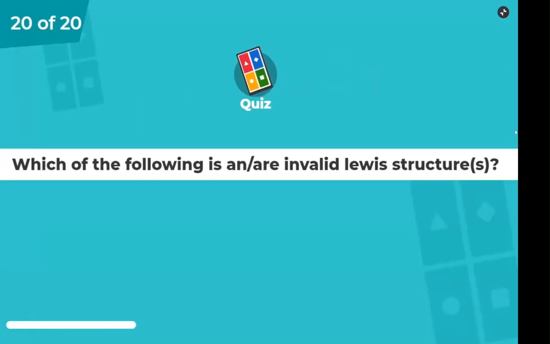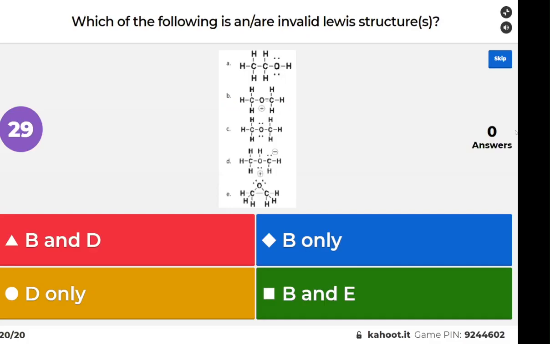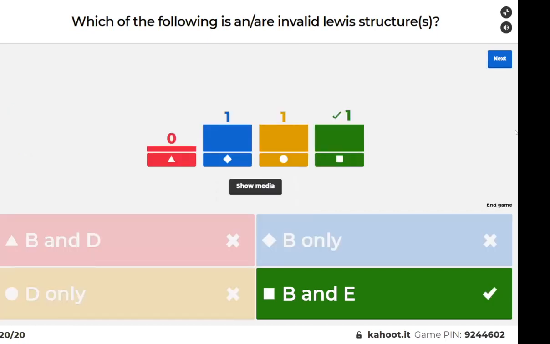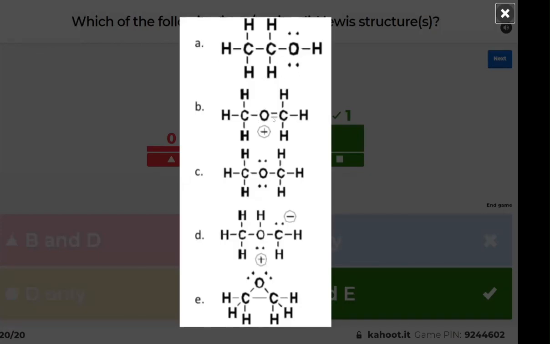Last question. A is valid. B is not valid because it has a 5-bond carbon.